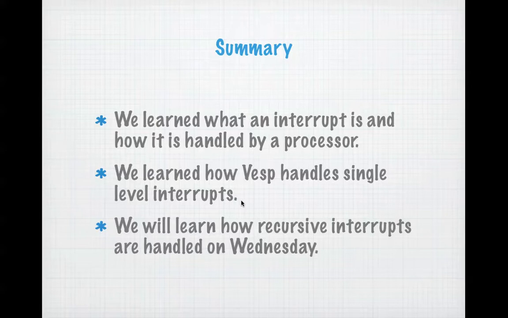So I could summarize what we really learned in this lecture. We learned what an interrupt is, hopefully, and how it is handled by a processor. We learned how VESP handles single-level interrupts, that is to say, in case a device comes in to make a request for an interrupt, we don't allow that to proceed until everything that we're executing for the device currently being serviced is over.